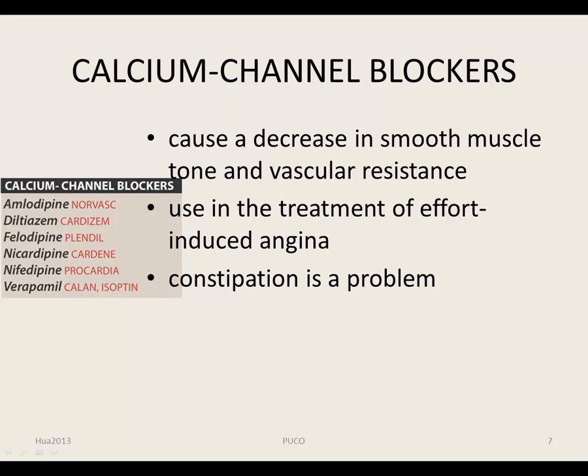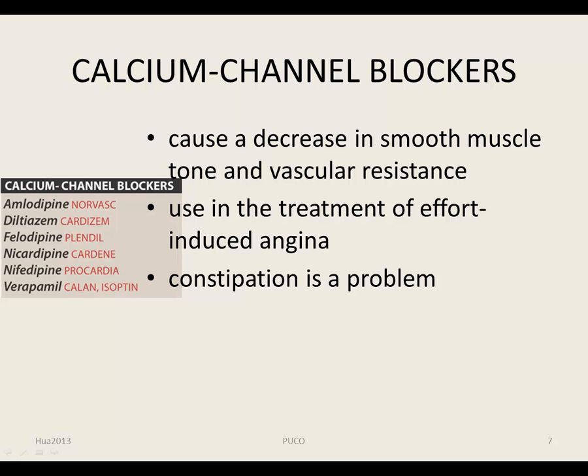The calcium channel blockers protect the tissue by inhibiting the entrance of calcium into the cardiac and smooth muscle of the coronary and systemic arterial beds. All calcium channel blockers are therefore arterial vasodilators that cause a decrease in smooth muscle tone and vascular resistance.